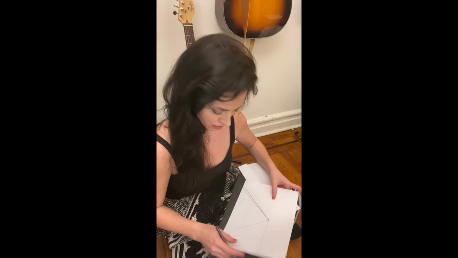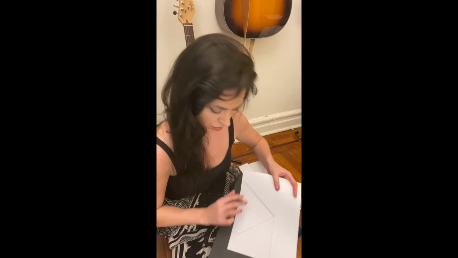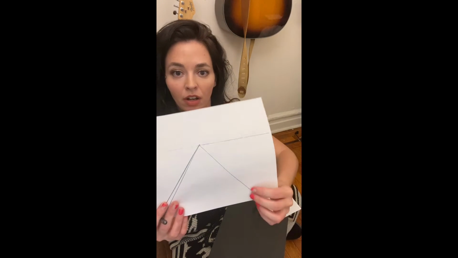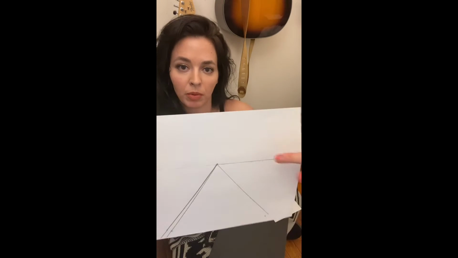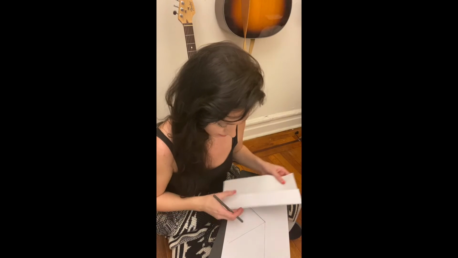Okay, and then I'm going to do the same thing over here. I put a little point right there, and then I'm going to connect that point to the vanishing point again, okay?